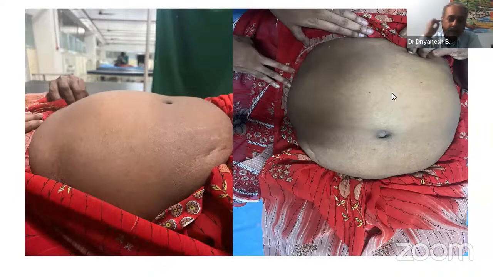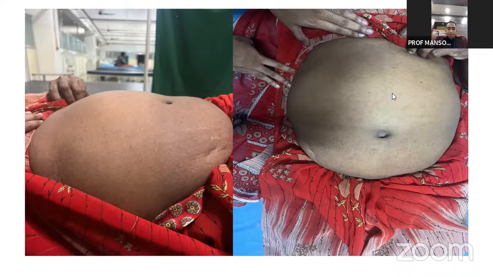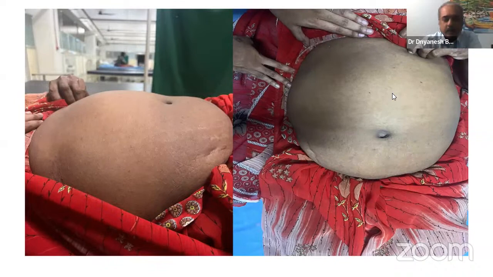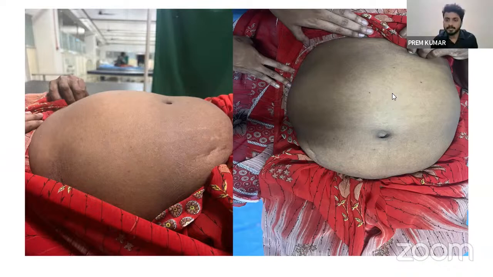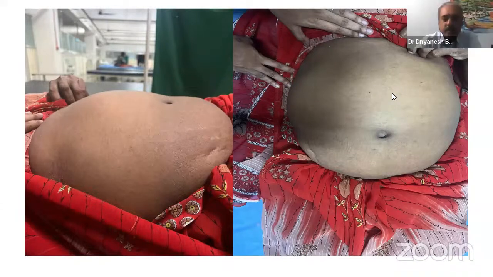In mid thighs. Groin, mid thighs. Mid thighs, yes. So exposure should be adequate in a controlled environment, maintaining patient's privacy, and preferably in two positions. One is standing position and second in supine position. Any change in the dimension of the swelling spontaneously, you need to note down.